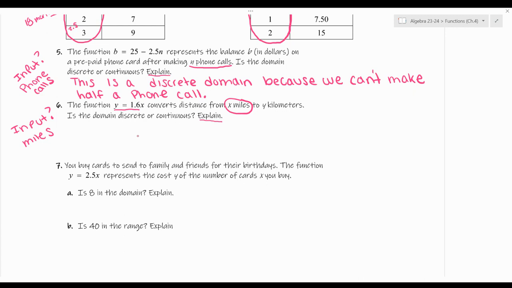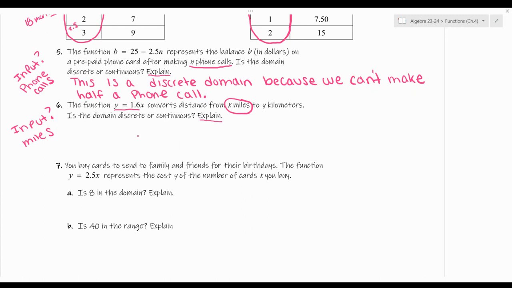Hopefully you say, yeah, it actually makes sense. Because think about people who do track, who do cross country, who just run for fun, who ride bikes, and you're driving. All of that for us is measured most of the time in miles. Sometimes it's in feet if you don't run very far. But most of the time we talk about miles.